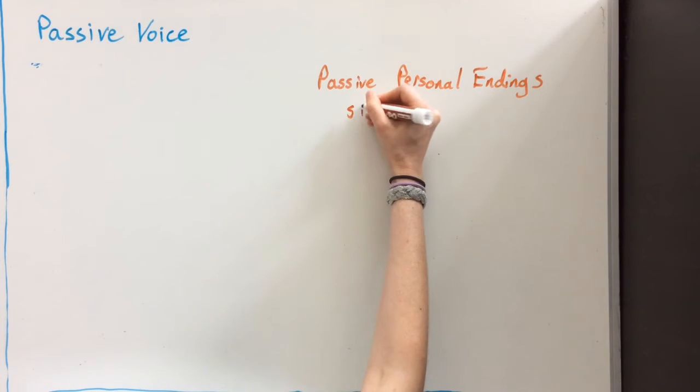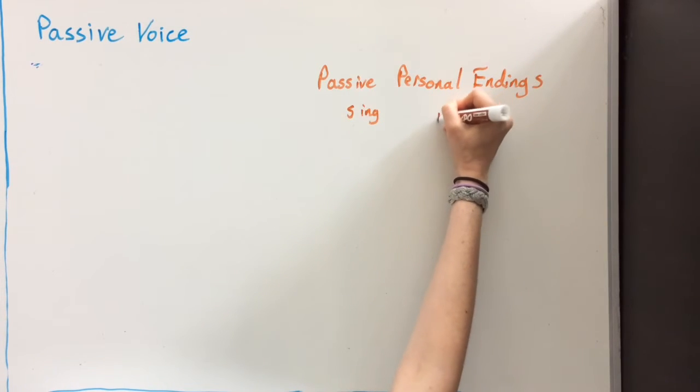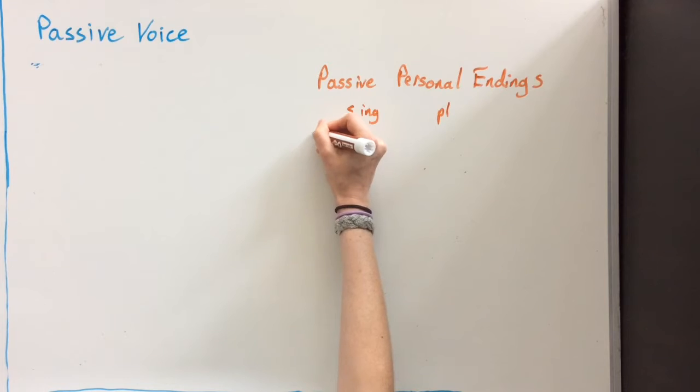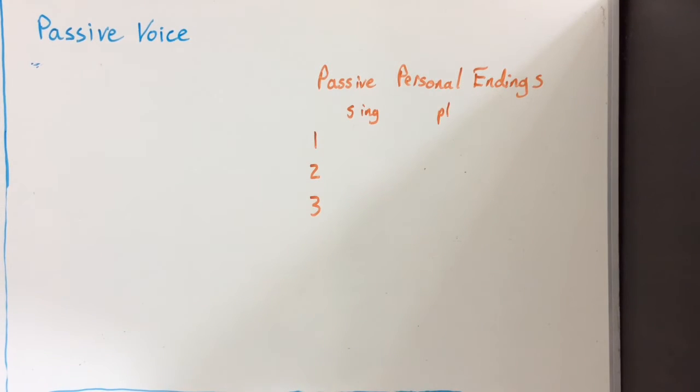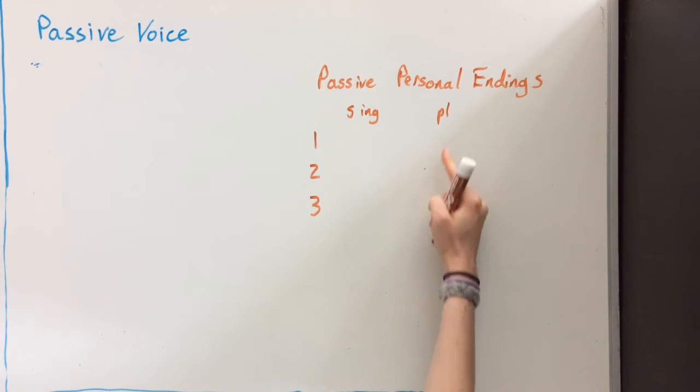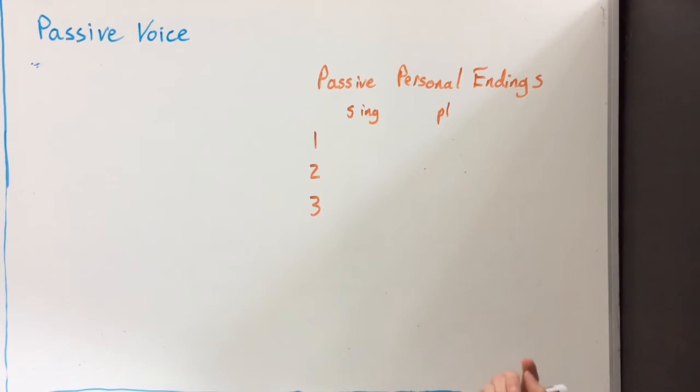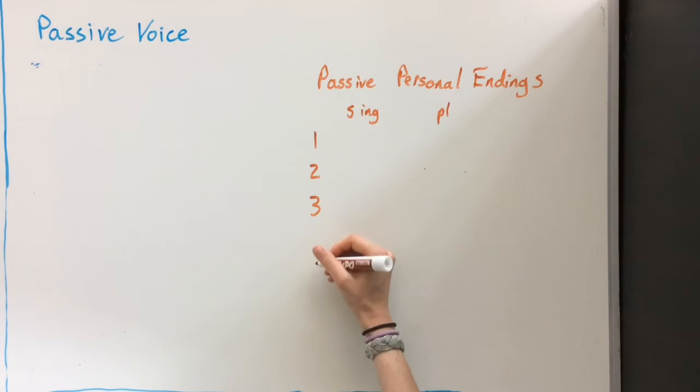So these are singular and plural in the first, second, and third persons so that we can express the same I, you, he, she, it, we, y'all, and they ideas that we have with the active ones. Just as a quick reminder, the active personal endings.